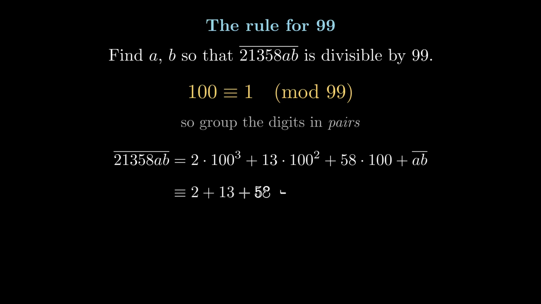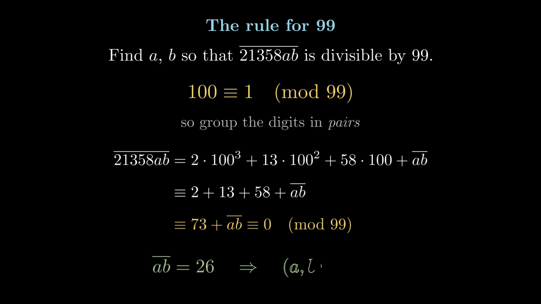Each power of 100 is congruent to 1 modulo 99, so the original number is congruent to the sum of all of these groups, which gives us 73 plus AB, which must be congruent to 0 modulo 99.